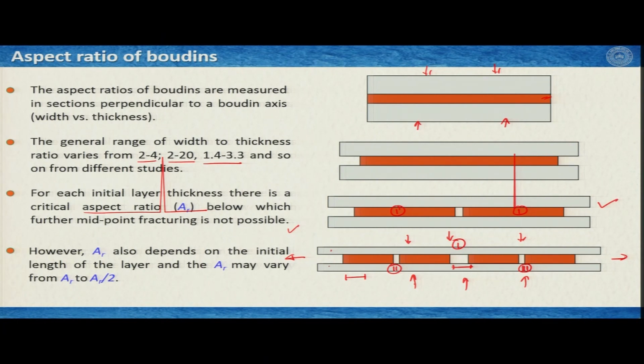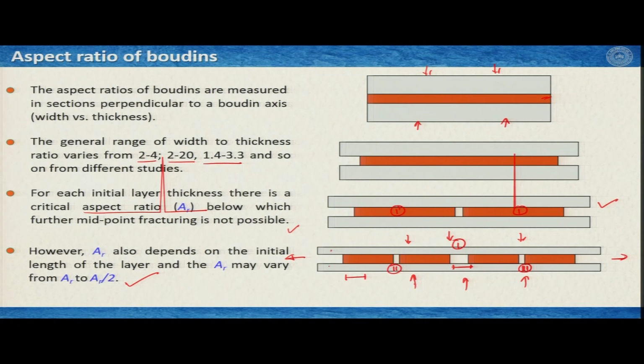Now, if instead of 20, the starting layer segment has an aspect ratio of 30, we get a final aspect ratio of 1.875 for the stable boudins. So, depending upon the initial length of the layer segments in a transverse section, the final boudin aspect ratio may range between the original critical aspect ratio, which is AR, to AR by 2, as it is written here.